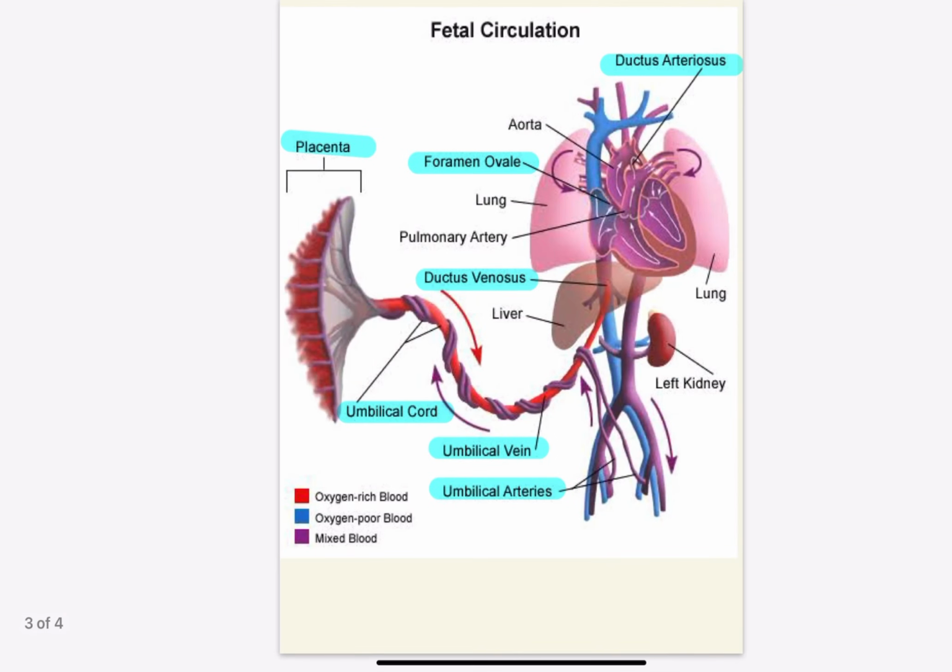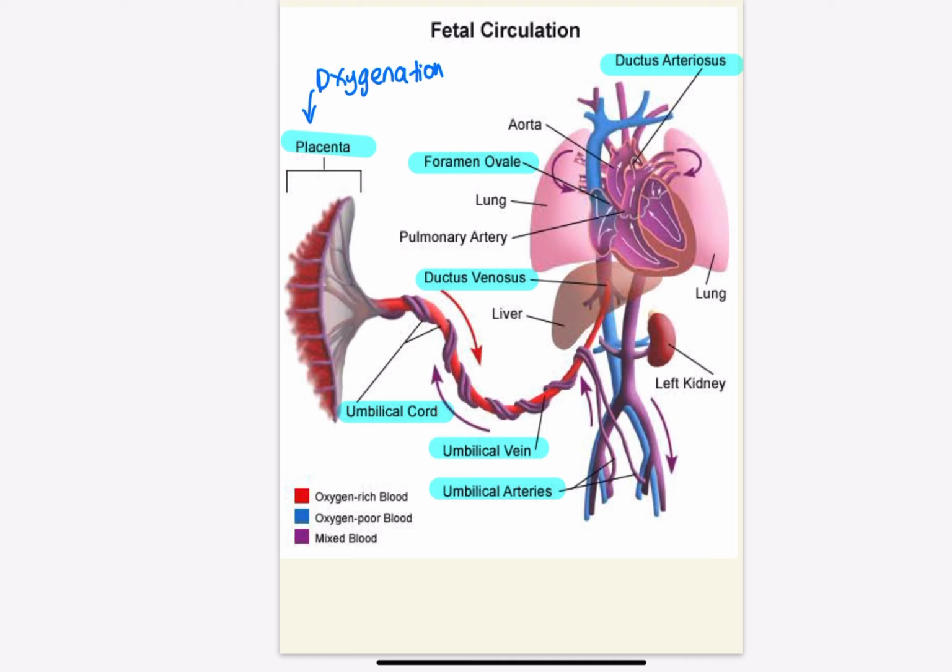But in the fetal circulation, hindi po lungs ang nagbibigay ng oxygen sa dugo, kundi ang placenta. Okay? So the placenta is the center for oxygenation in the fetal circulation. Kaya naman malaki ang difference po ng fetal circulation sa neonatal circulation.